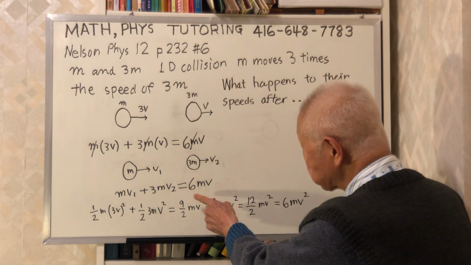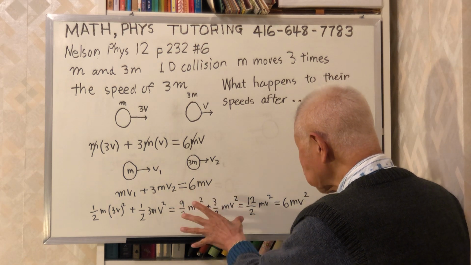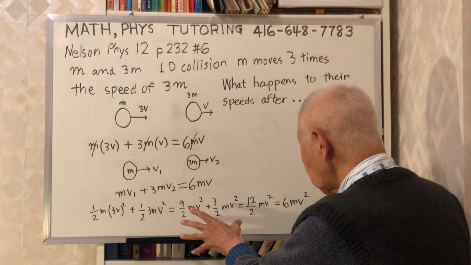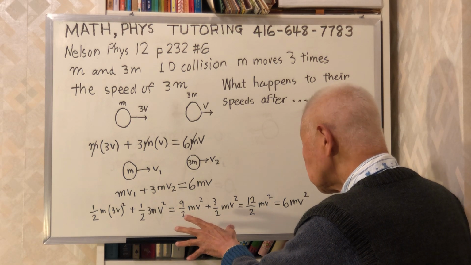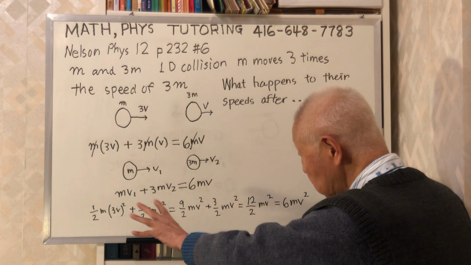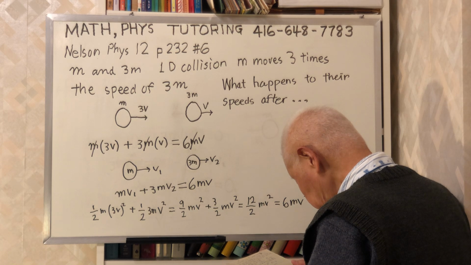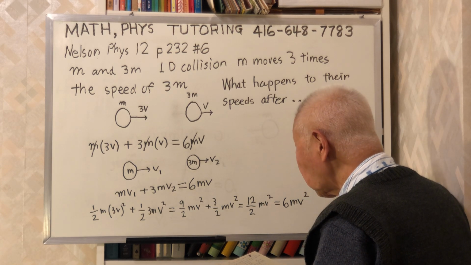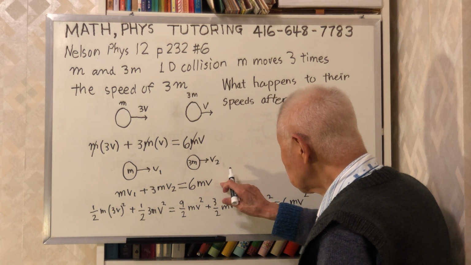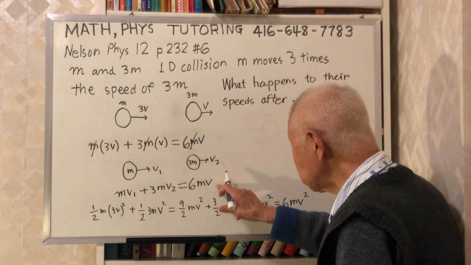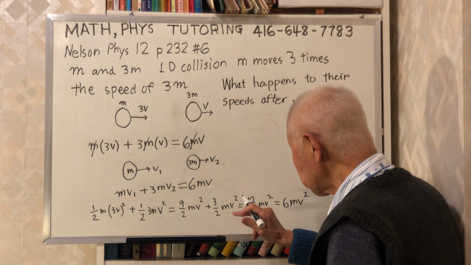I don't want the fraction, 9 over 2, 3 over 2. So, let's see the total. No, let's leave it there. Okay, the second condition is this. The first was conservation of momentum. Oh, I haven't got the conservation of energy yet.